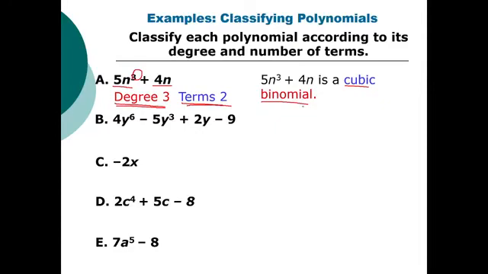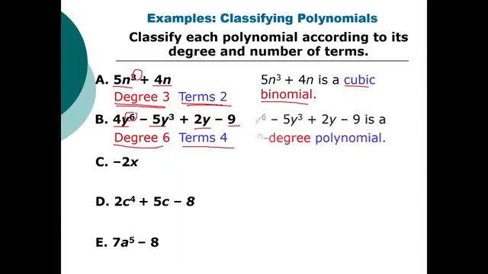For letter B, what's the degree? The degree is 6, correct. And how many terms are there? There are 4 terms. And take note, the degree is 6. You will be reading this as the 6th degree polynomial.